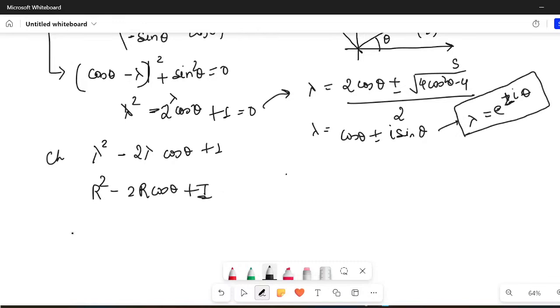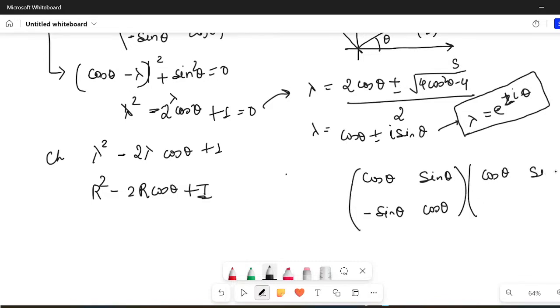And what is R squared? Just find what R squared would be. R is cos theta, sine theta, minus sine theta, cos theta. If you do R squared, multiplying this with itself, this will be cos squared theta minus sine squared theta here.